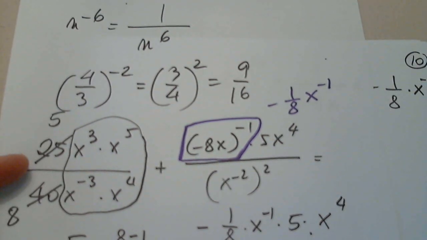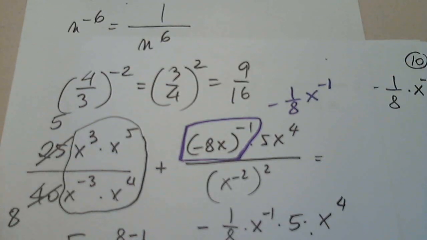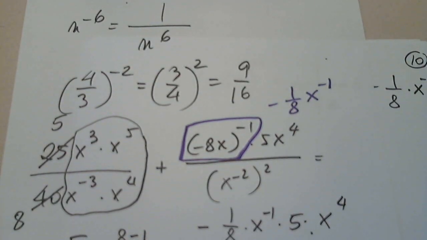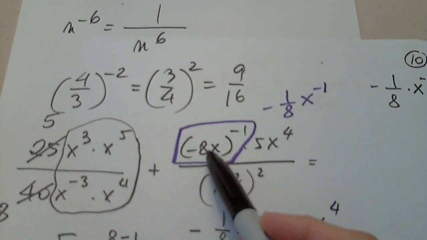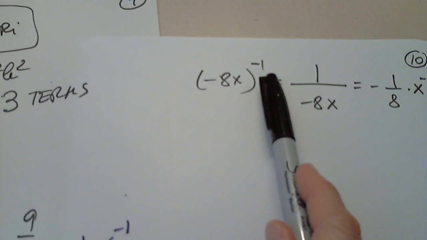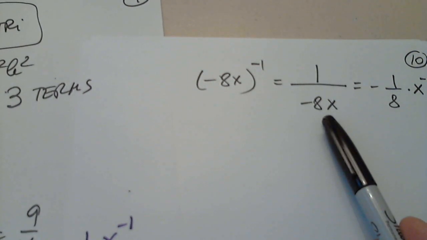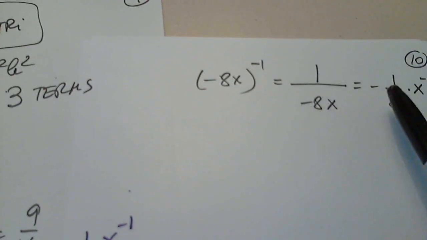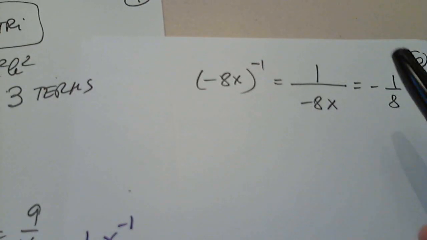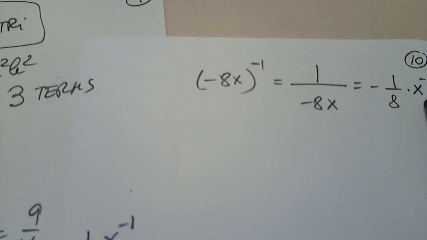Someone's saying explain it again. Oh, thank you so much. Yes, of course. So negative 8x to negative 1 is 1 over negative 8x. 1 over negative 8 is negative 1 over 8. 1 over x is replaced by x to negative 1.